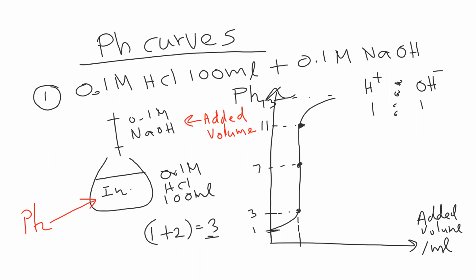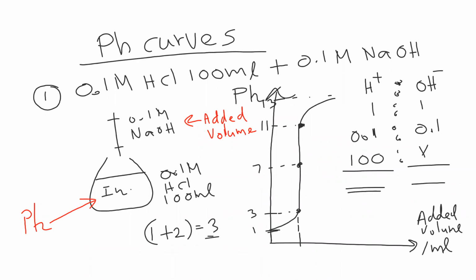The H plus concentration here is 0.1, and the OH minus concentration here is also 0.1. The H plus volume is 100. The OH minus volume we don't know, we need it. We need how much OH minus should be added to make it neutral.